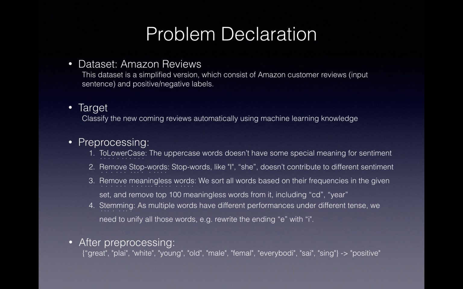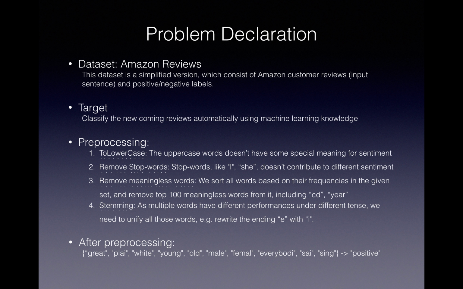Because raw data contains several useless pieces of information, it is necessary to preprocess the data. Except for removing punctuations, numbers, and URLs, I also did the following tasks. Firstly, I convert all of the characters to lowercase because uppercase words don't have any special meaning for sentiment. Secondly, I remove stop words.